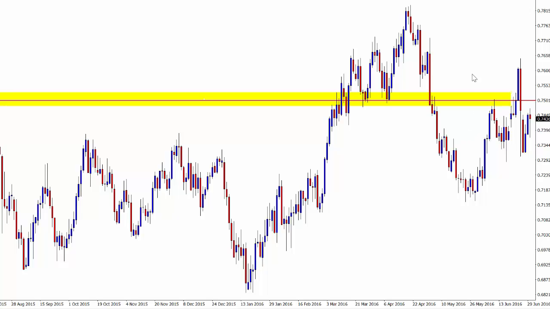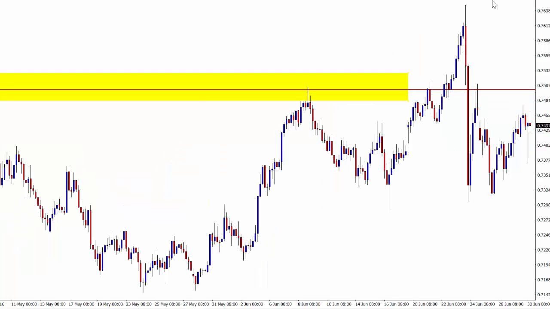If I move to the 4 hour chart and keep this same level, getting rid of the box, we see that this big round number of 75 has acted for a pin bar.